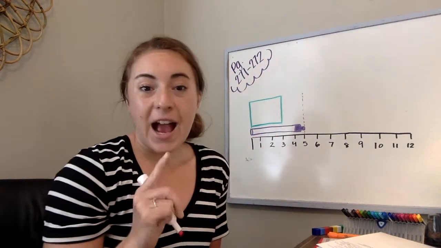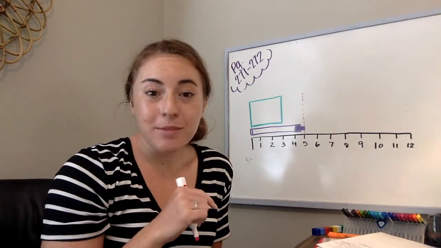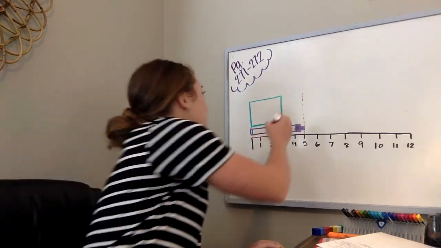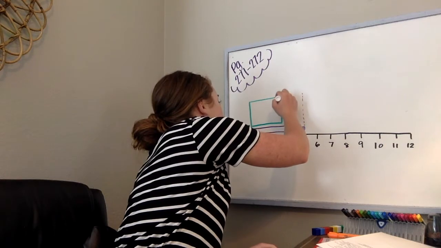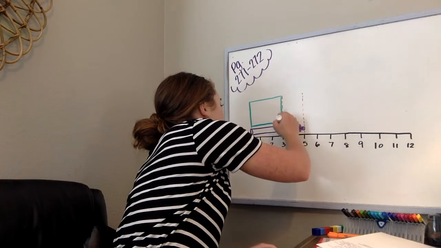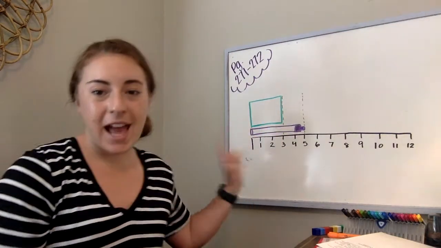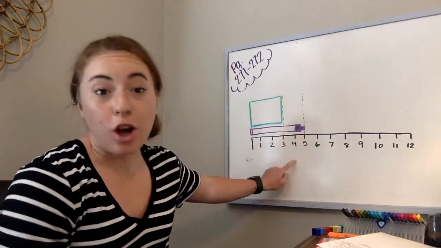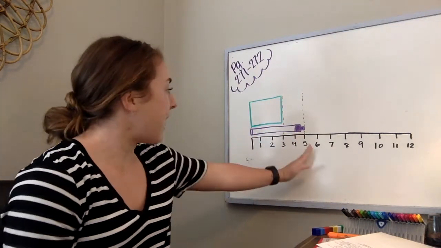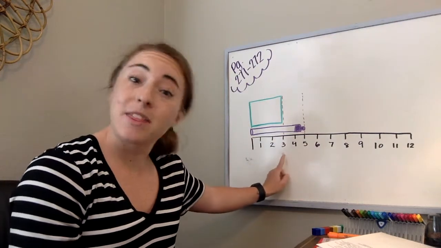And do you remember how long my sticky notes were? They were 3 inches long. So we said that my expo marker was the longer object, right? Because it goes to 5 and 5 is bigger than 3.